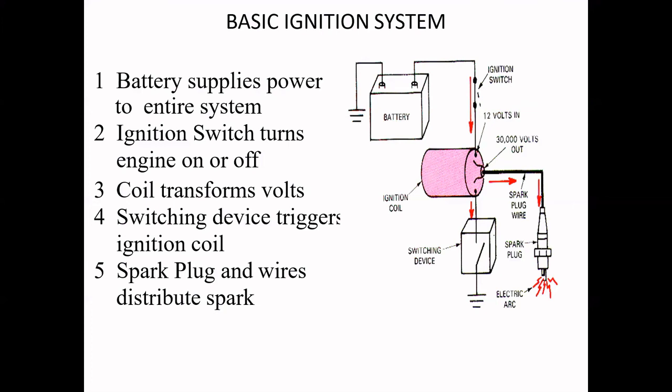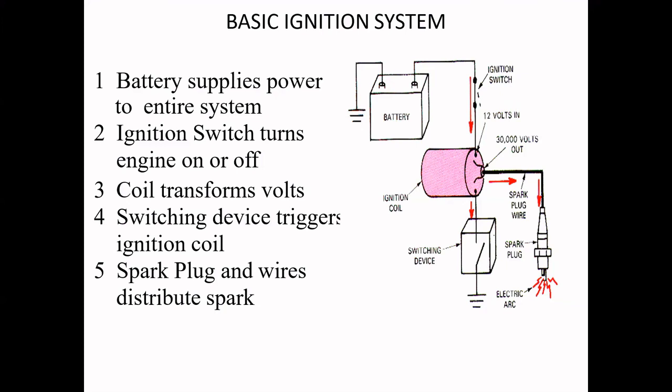During this process, whatever magnetic flux or magnetic field is produced, it collapses. By collapsing this magnetic flux, the low voltage is converted to the higher voltage of the order of 20 to 30,000 volts. Okay, the switching device acts as a triggering device for collapsing the magnetic field produced by the ignition coil for producing the higher voltage.